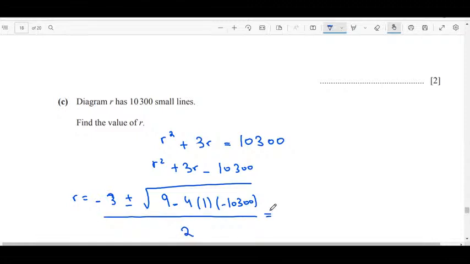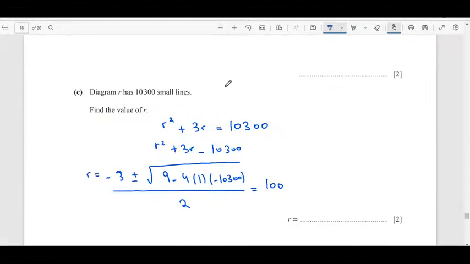So the answer is going to be what? We will just talk about the positive one. So minus 3 plus under root 9 minus 4 into minus 10300. This value divided by 2 would give you 100 directly, okay? So this is going to be 100.